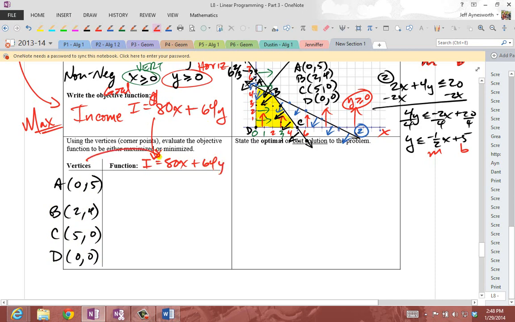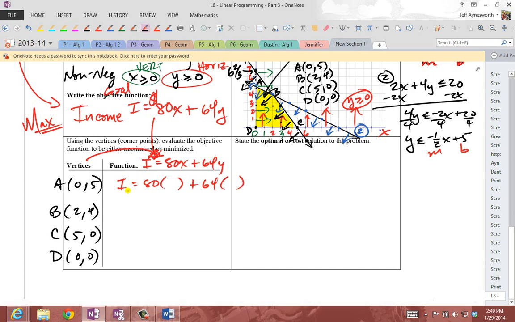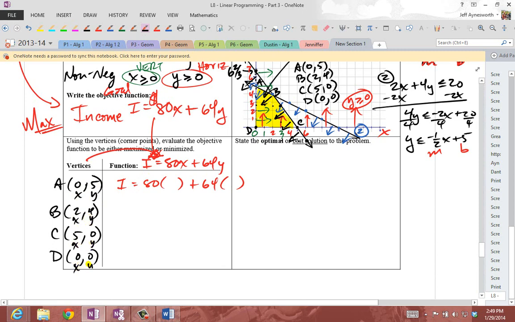We got to take our vertices and substitute in. So I is going to be equal to 80 times something plus 64 times something. All right, you got to understand that x is 0, y is 5. So understand that the first coordinate is x and the second coordinate is y.